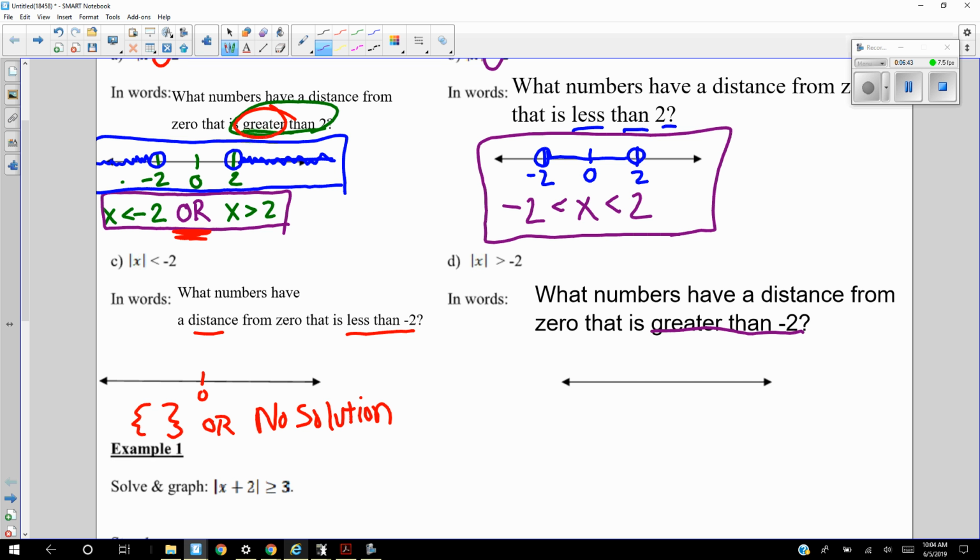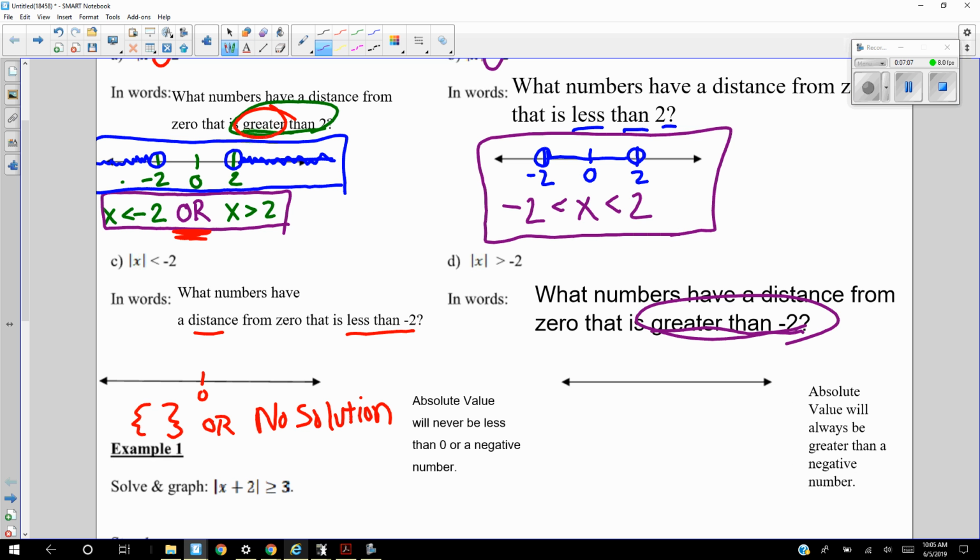Well, that's all of them. If you take the number -50, the absolute value of -50 is 50, and that distance is greater than -2. So absolute value will always be greater than a negative number.